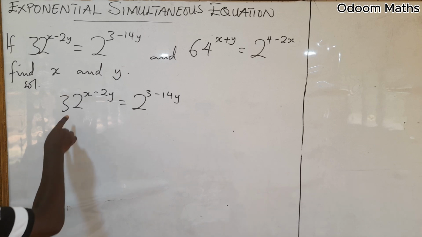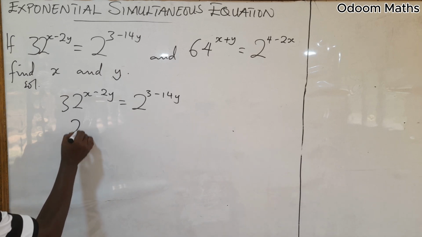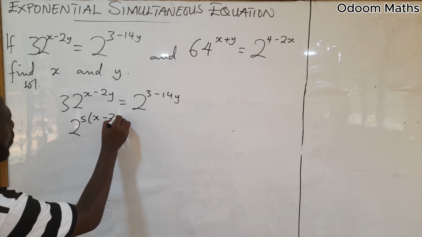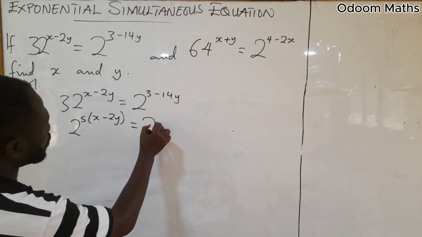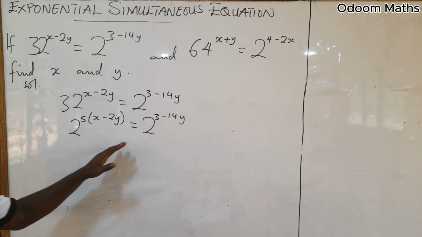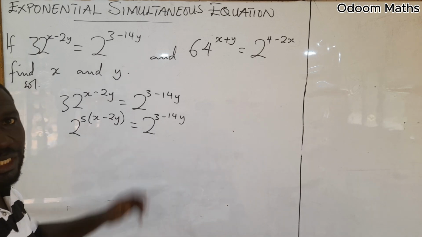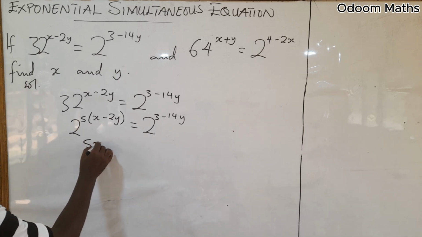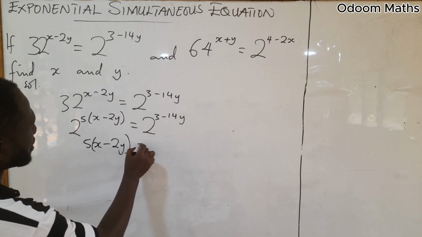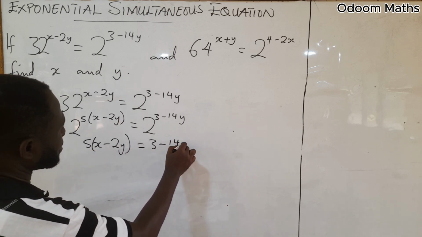And 32 can be written as 2 to the power 5, then in brackets, x minus 2y equals 2 to the power 3 minus 14y. The bases are the same, so we can equate powers. So 5 into bracket x minus 2y is equal to 3 minus 14y.